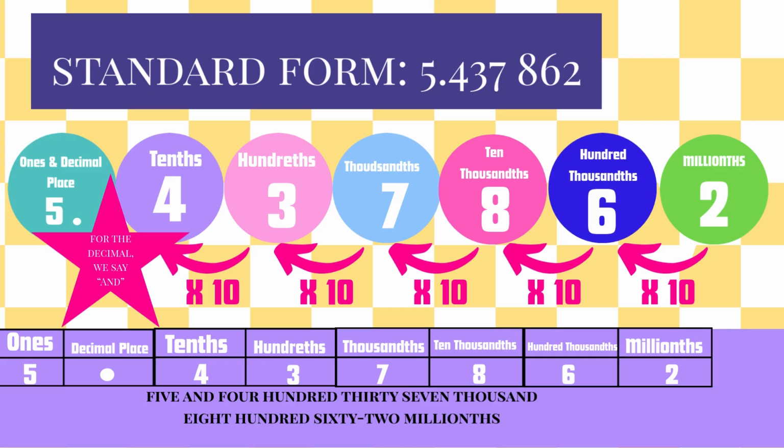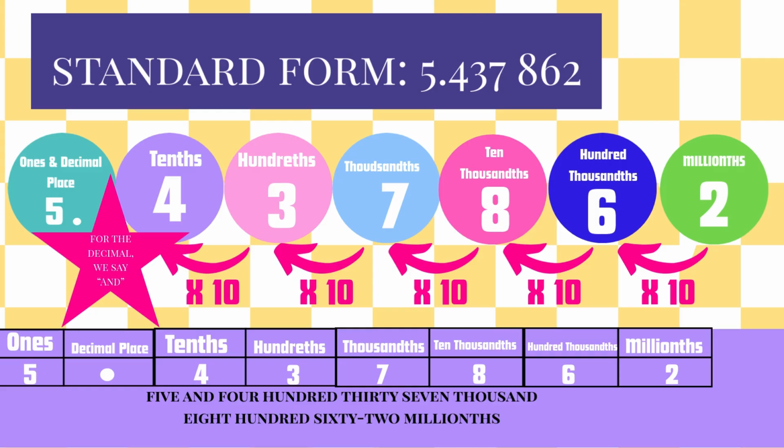Let's break down what each digit represents. We have 5 ones, then our decimal point, which we say as "and," 4 tenths, 3 hundredths, 7 thousandths, 8 10,000ths, 6 100,000ths, and 2 millionths.